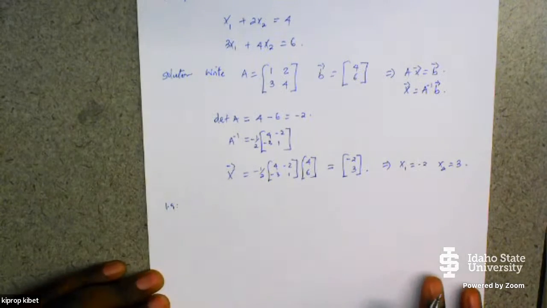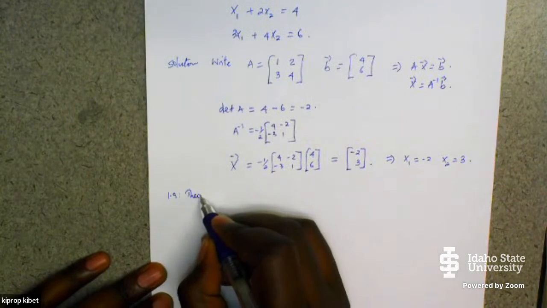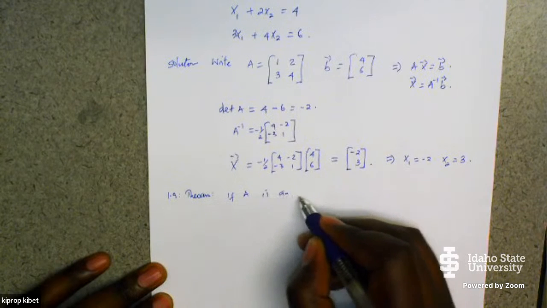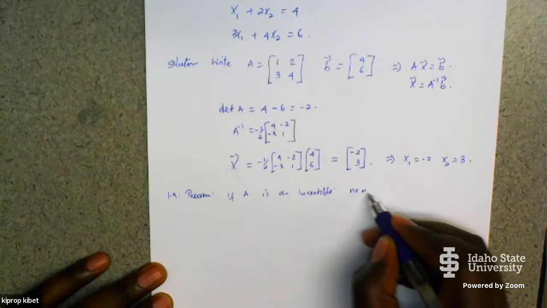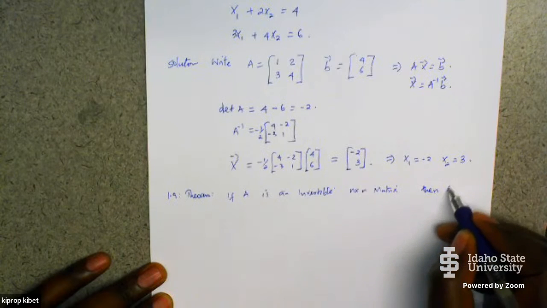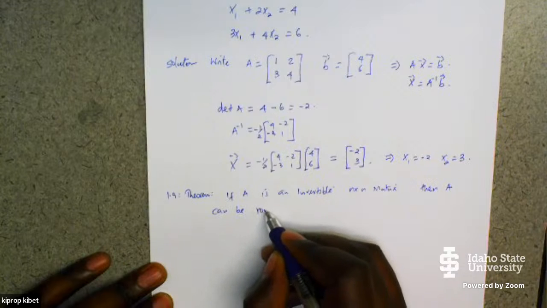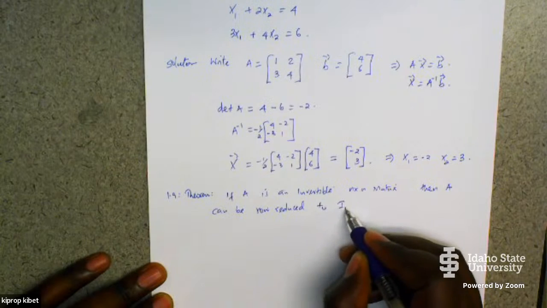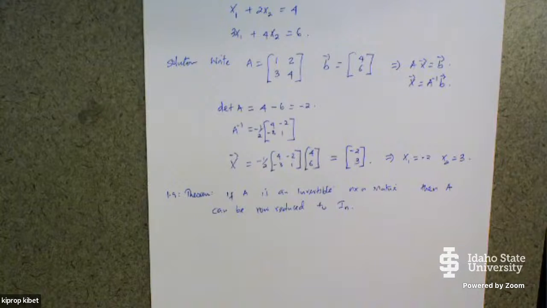And your question is just coming from this 1.9. This is a theorem. If A is an invertible n by n matrix, then A can be row reduced to I_n.